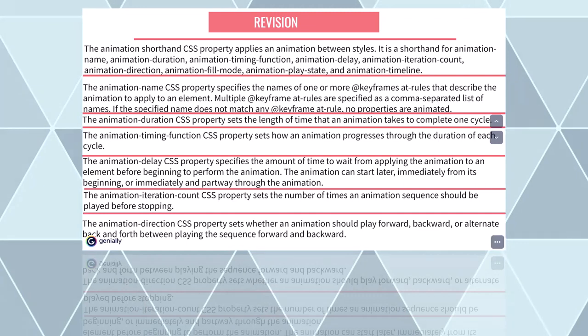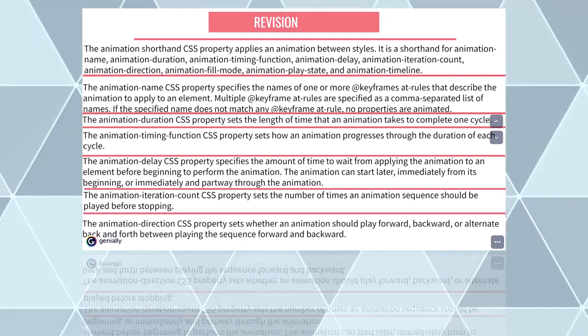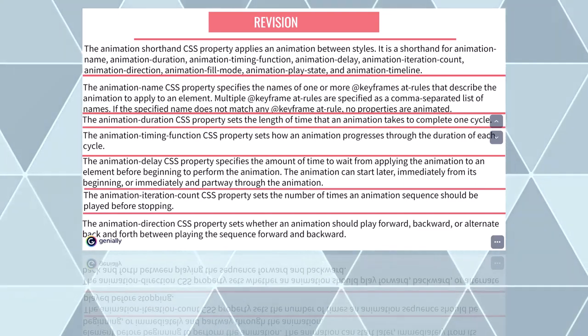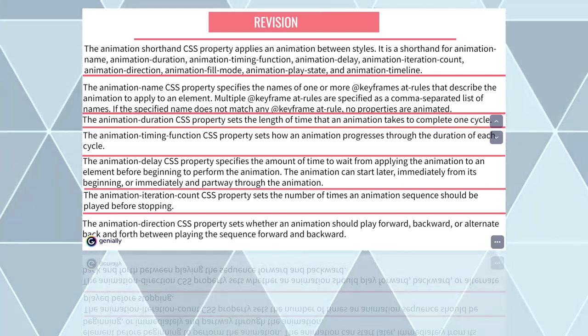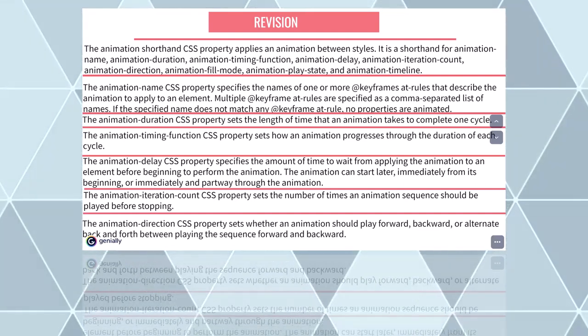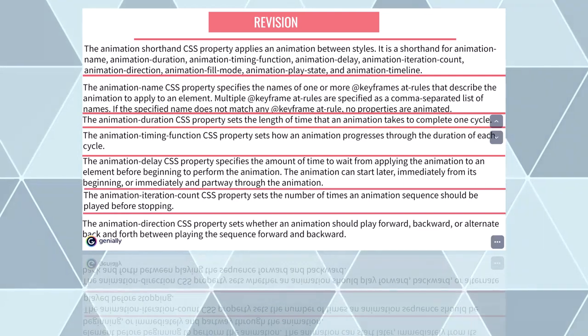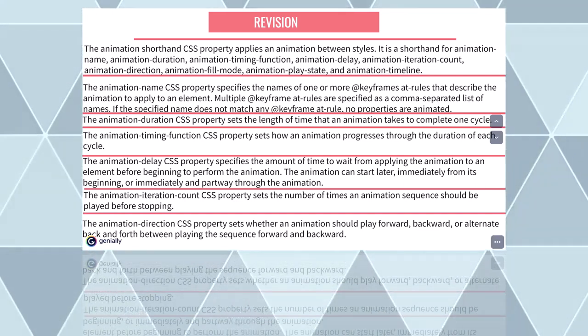The animation direction CSS property. First of all, can you just explain it? What do you understand? Go on MDN, just play with the example, then you can tell me. Just play around with different values.